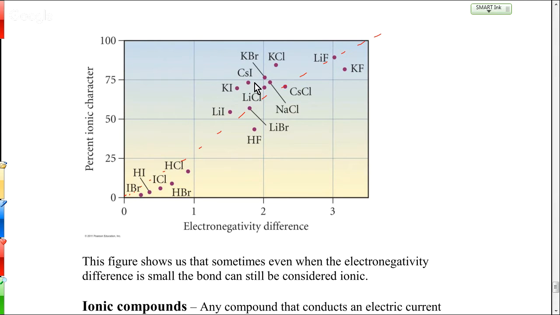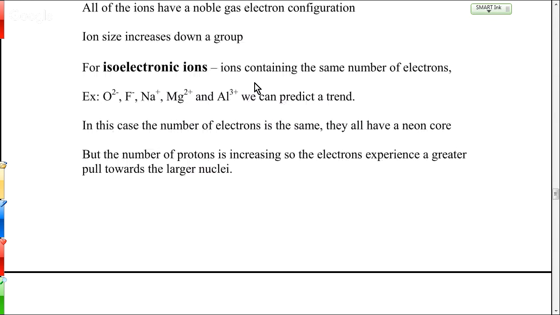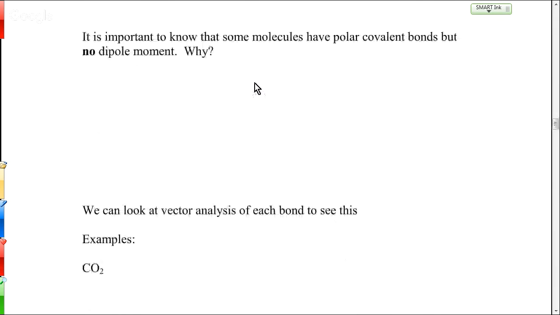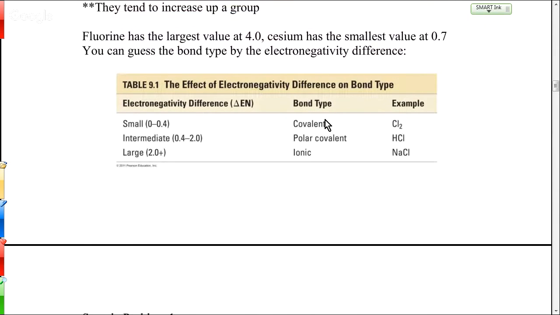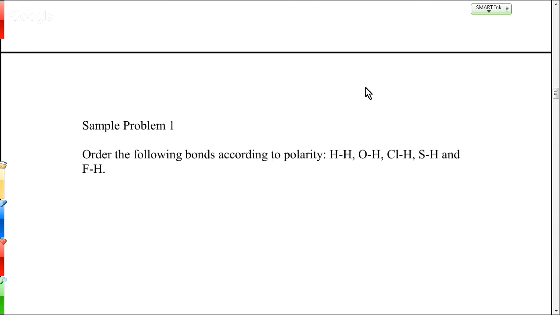So this is just an illustration of that idea, before we get into ions: classifying things as ionic or covalent based on their electronegativity difference is an approximation and not a reflection of true reality all the time.